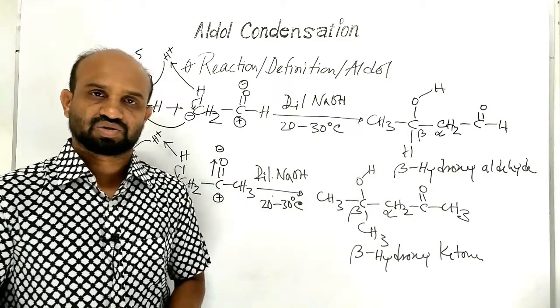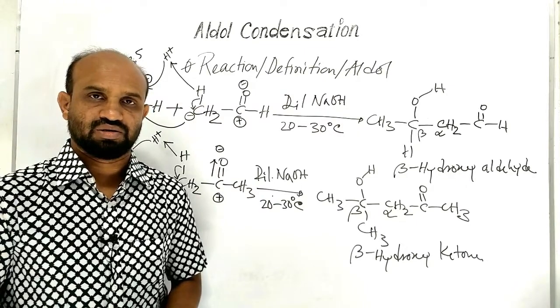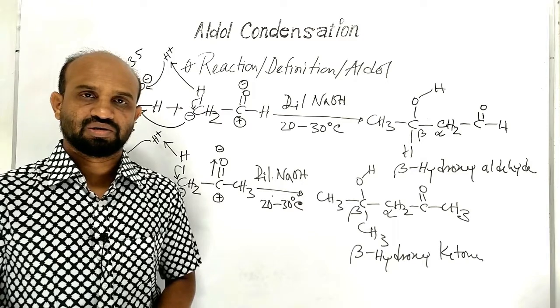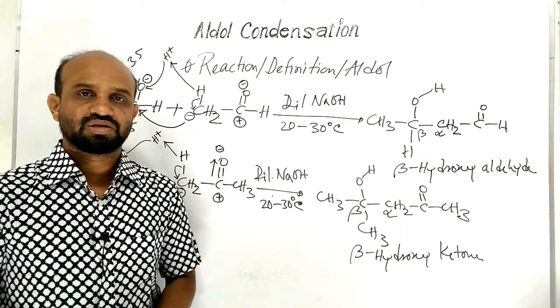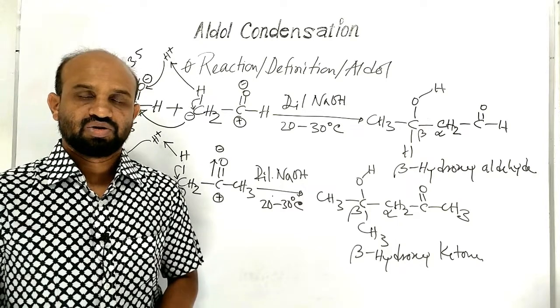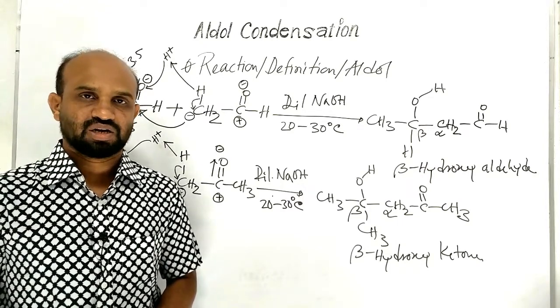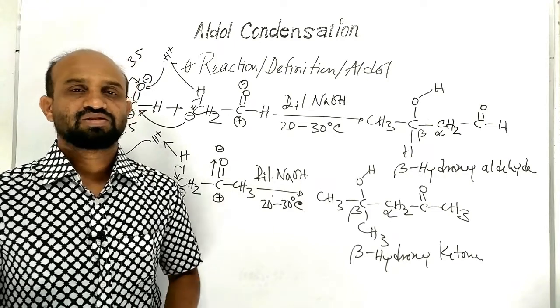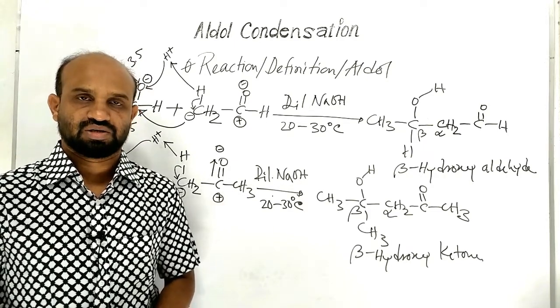This reaction is called aldol condensation. Aldehydes or ketones having alpha hydrogen undergo condensation through nucleophilic addition reaction to form beta hydroxyaldehyde or beta hydroxy ketone. This reaction is called aldol condensation.